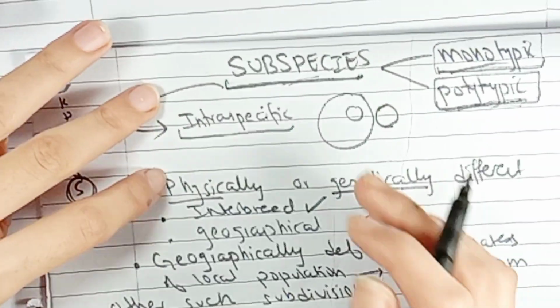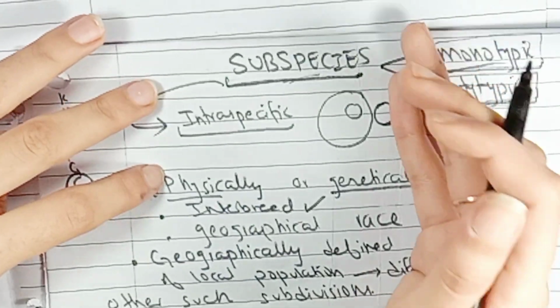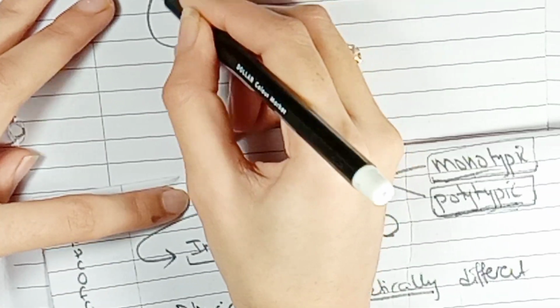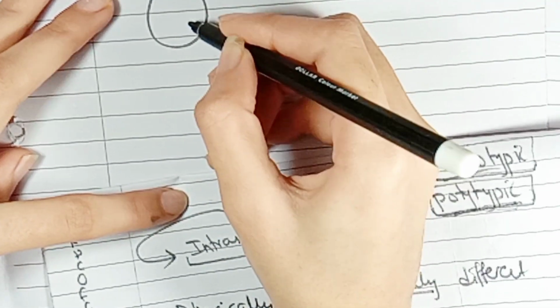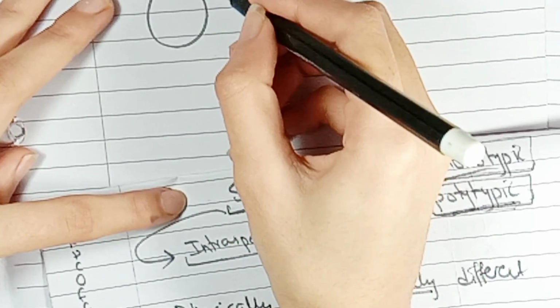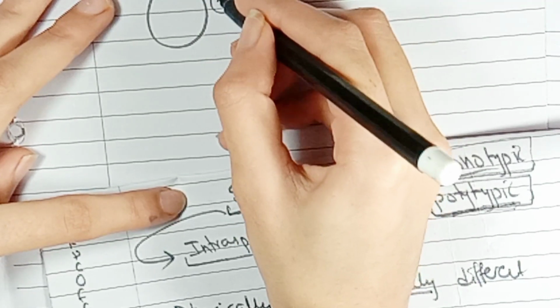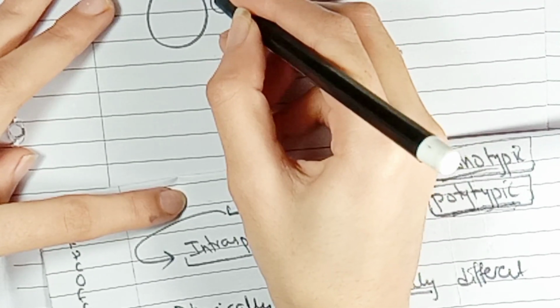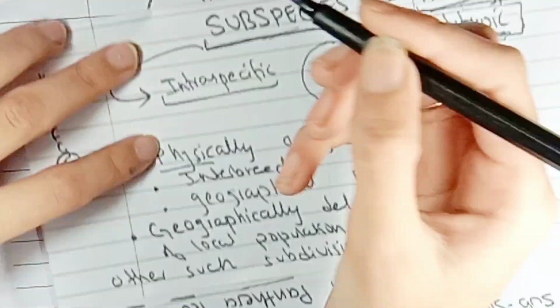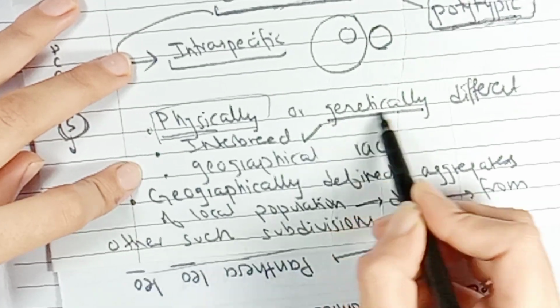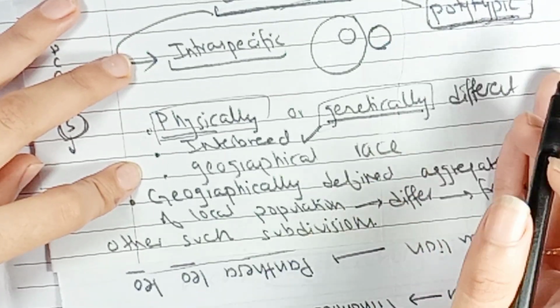If I talk about the definition of subspecies, then we say that if there is a population, and within this population a group starts to reproduce or interbreed among themselves, then they become physically or genetically different from their ancestors or from their parents.